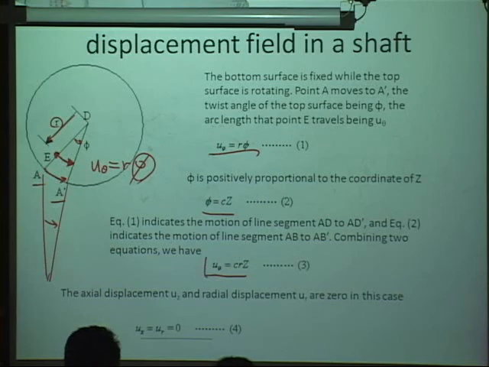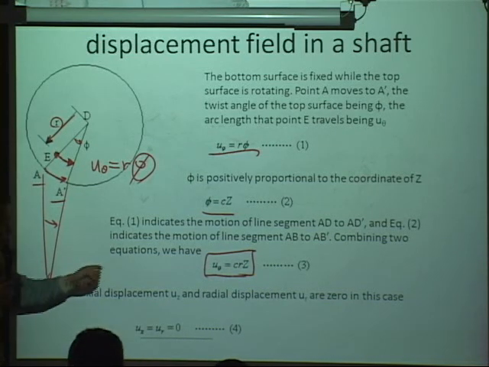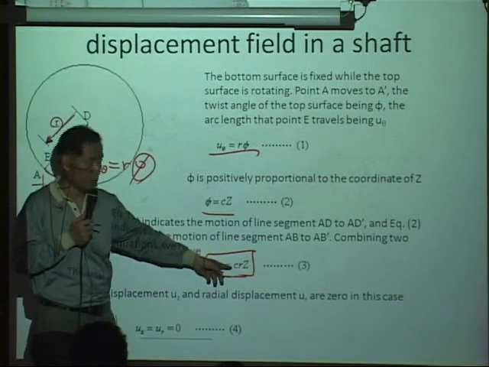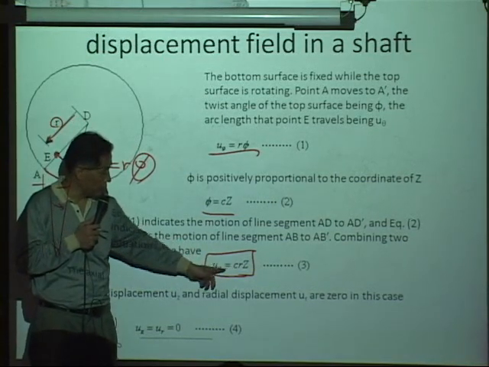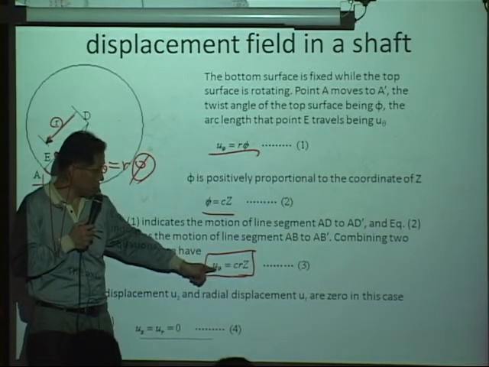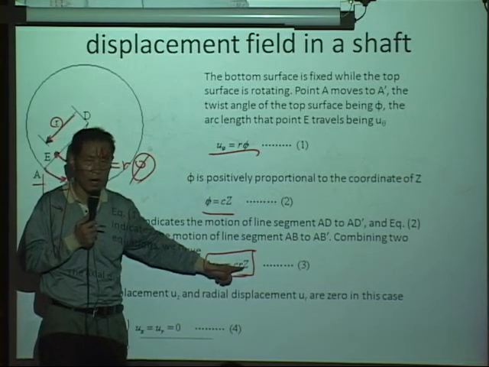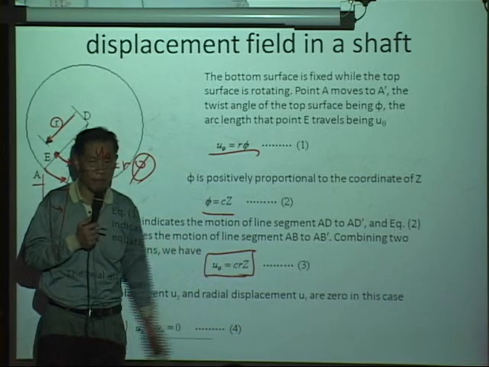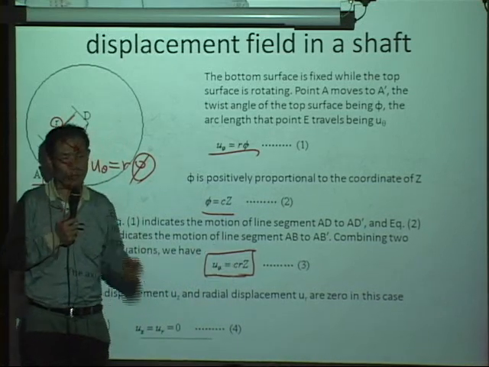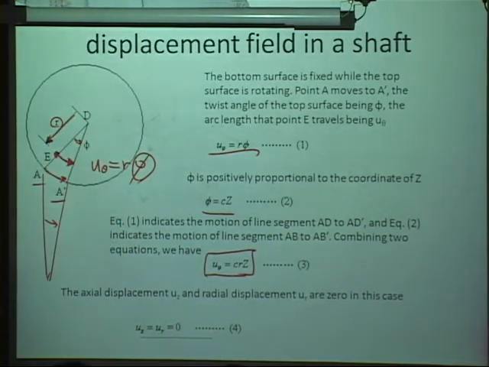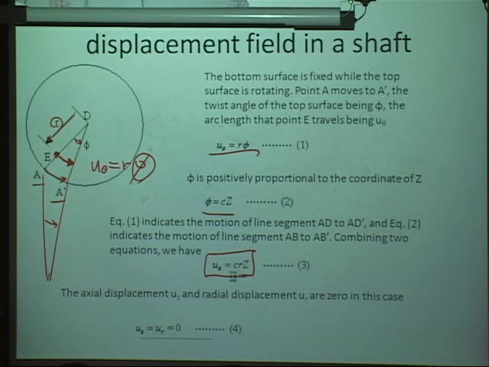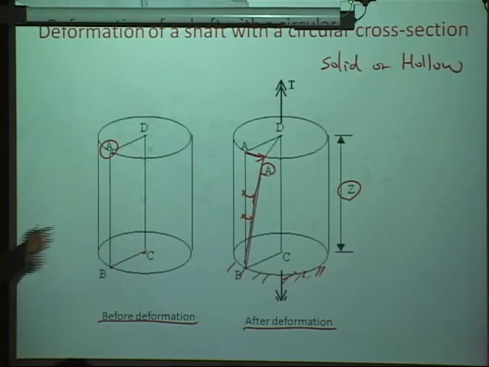Okay, this coefficient C we don't know yet. The proportional coefficient C we don't know yet, but what we know is that the hoop directional displacement is proportional to r and z, which is a very important observation from this displacement field.